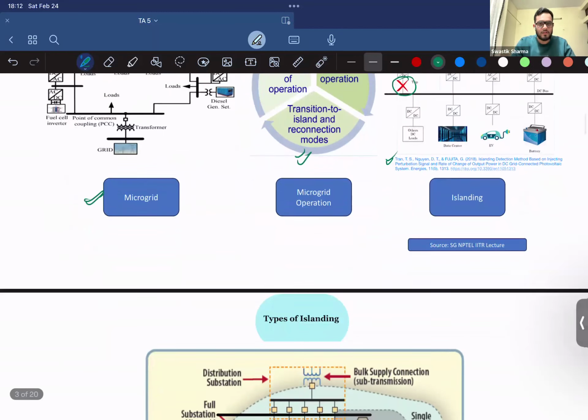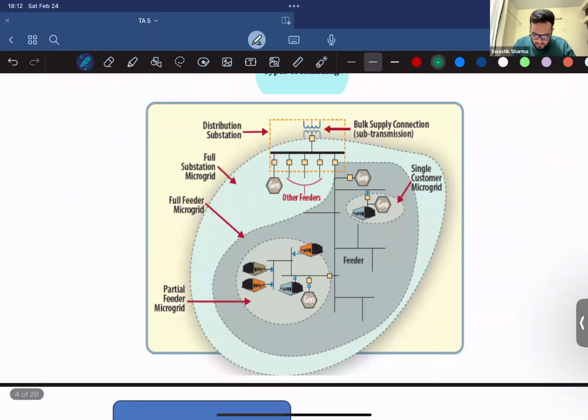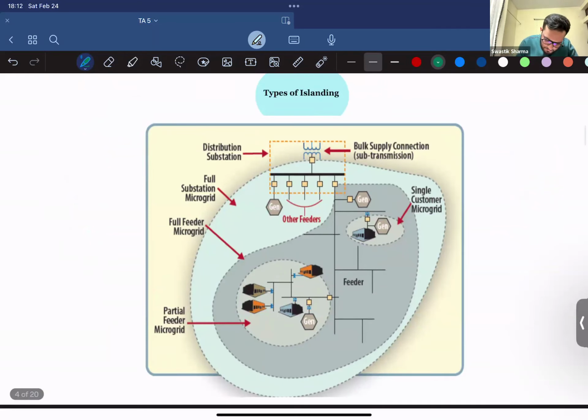So there are different kinds of islanding too. This is a distribution substation shown by this orange box. We have the sub-transmission connection, which is connected to the bulk generation side.